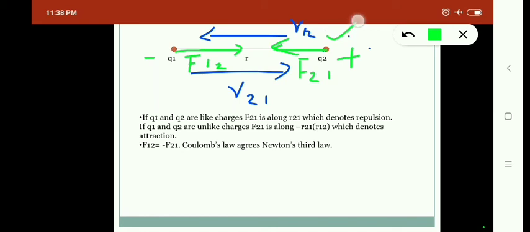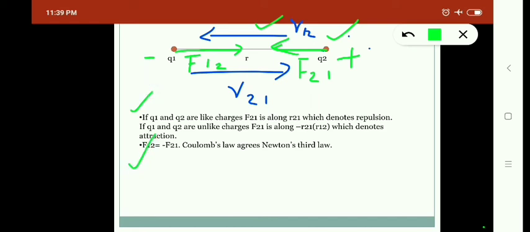F21 acts along the direction of R12 when the charges are unlike. But when the charges are like charges, then F21 acts along the direction of R21. So that is the difference, and that is explained in the first point.